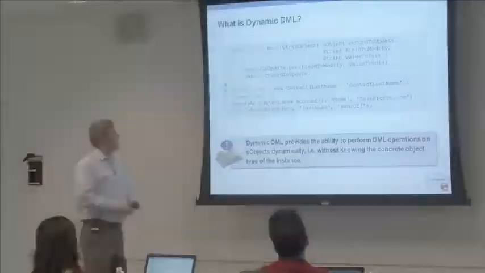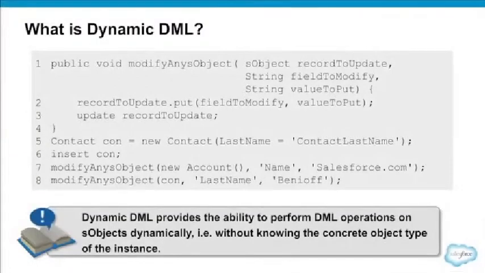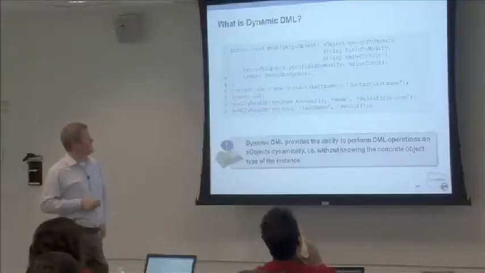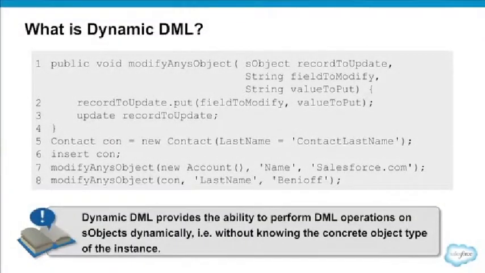All right, let's see here. Dynamic DML. Dynamic DML is where we can perform DML without knowing the concrete S-object type of what we are writing to the database. In other words, DML operations support the S-object type. And here we have an example.